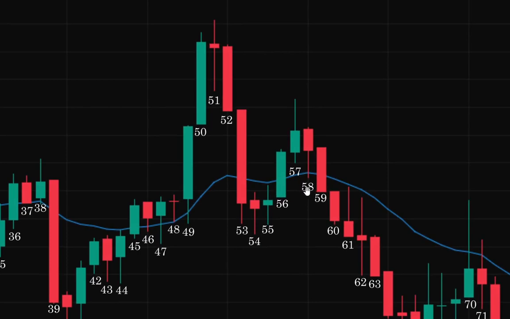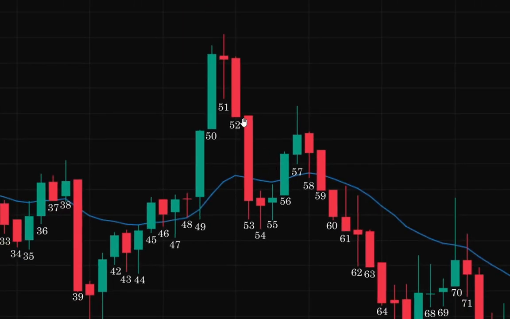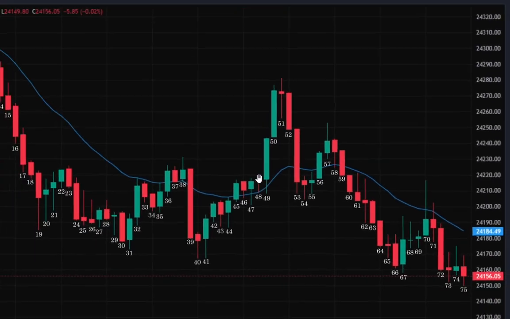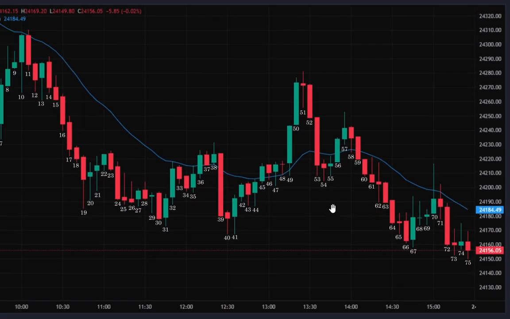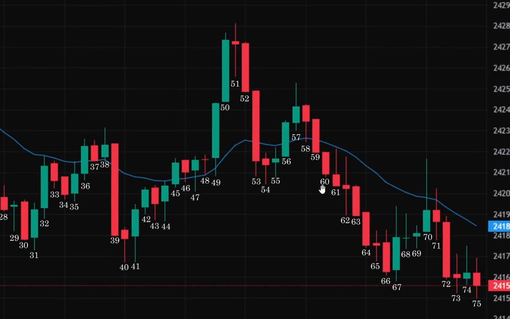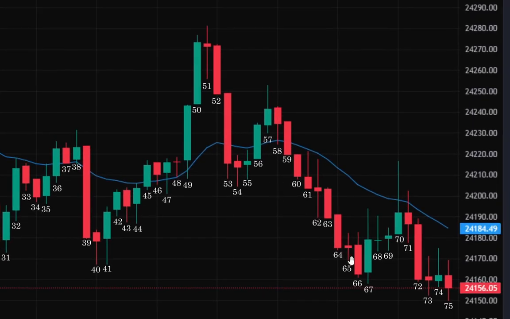If you are very aggressive, there is a chance that you can place a stop below this and go for a second leg. So this is the first leg, and this can be a second leg.